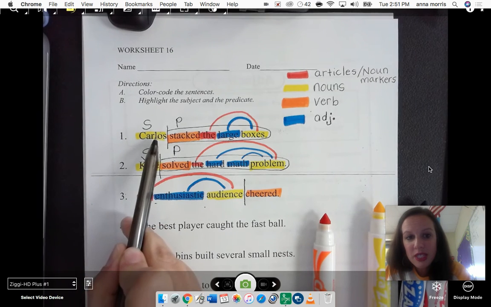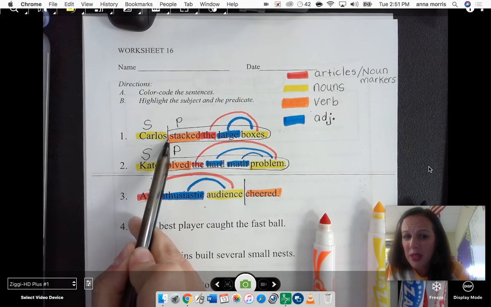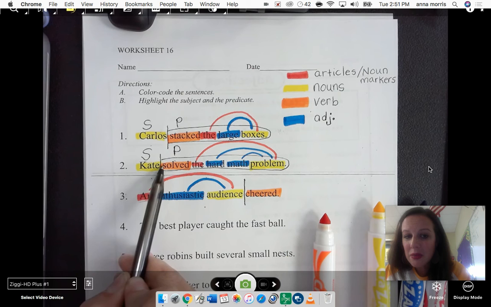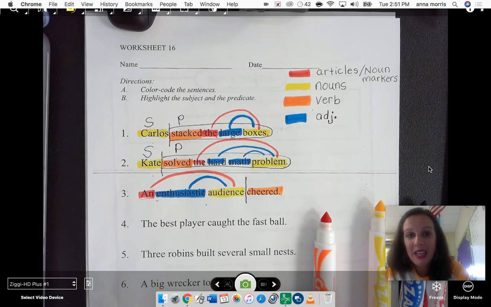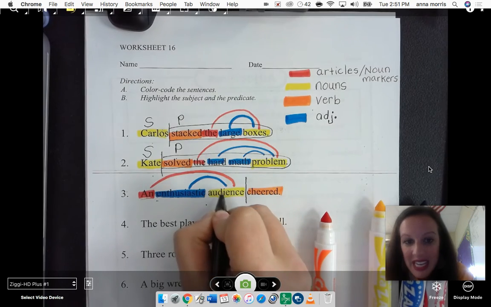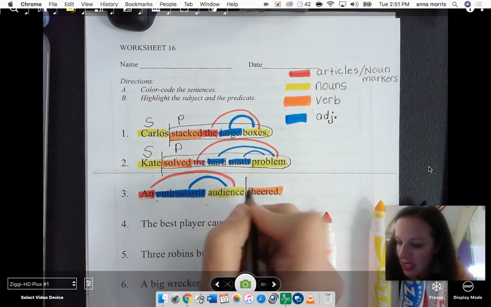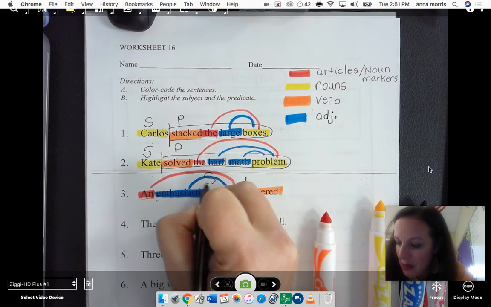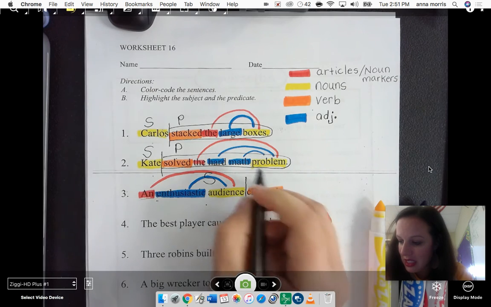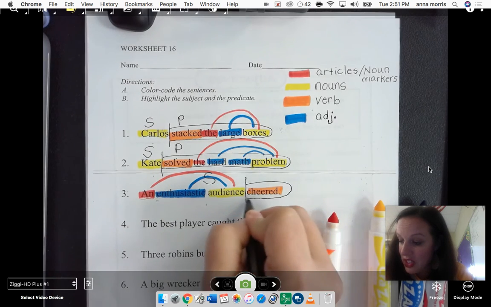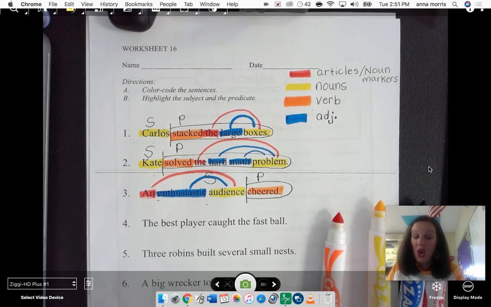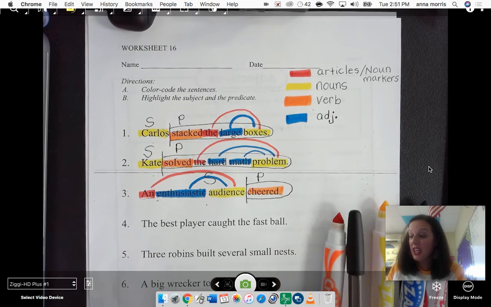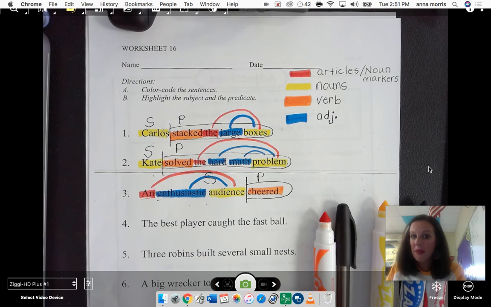In these first two sentences, it was right up here. But I can't just develop a pattern in my brain and always put my chop at the beginning. I have to have a noun. An enthusiastic audience is my subject. And what did they do? They cheered.